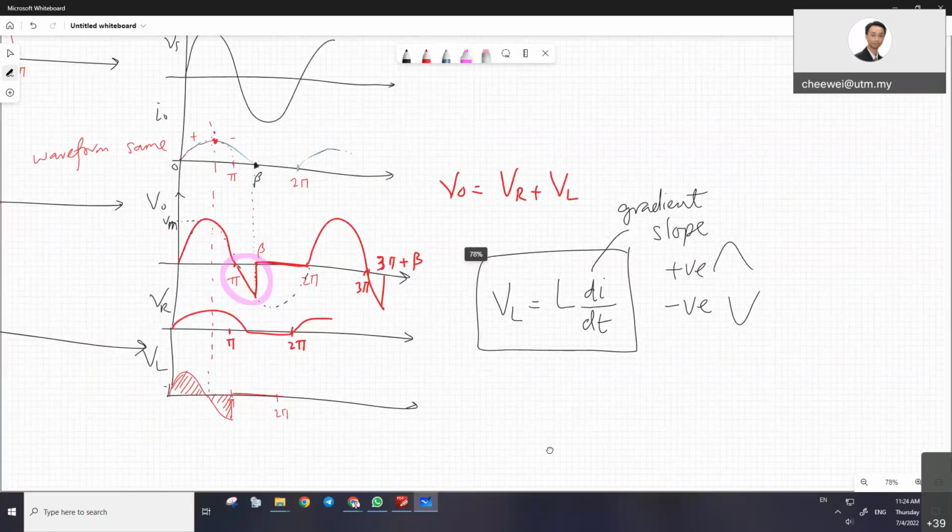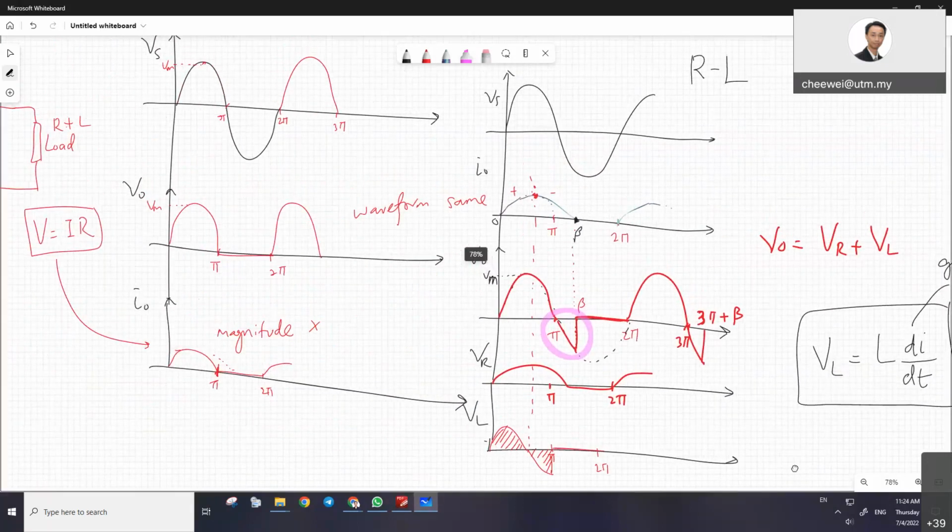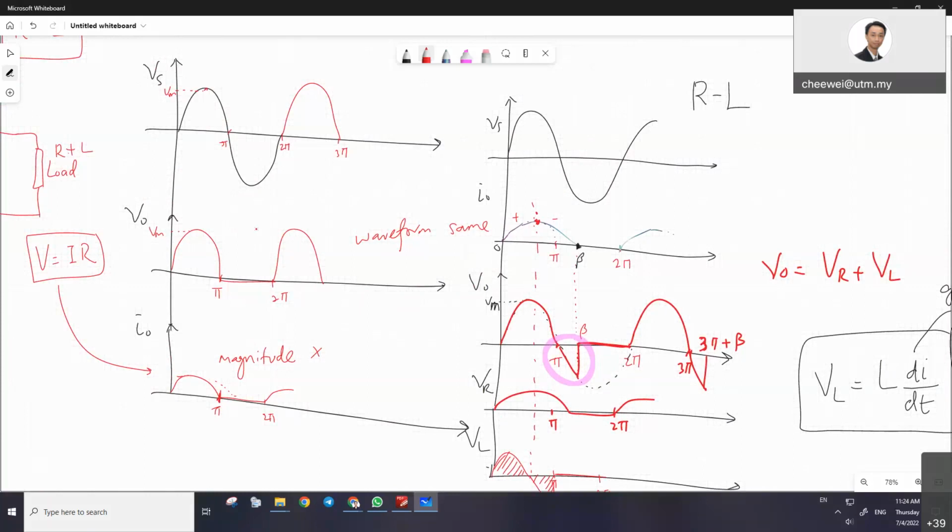Any questions so far? If we compare left to right, this is R load on the left-hand side, and that is RL load. If you see the RL load with the pink circle here, the additional part is that the L contributes to the negative part of the waveforms. Here, the negative part is not there on the R side.